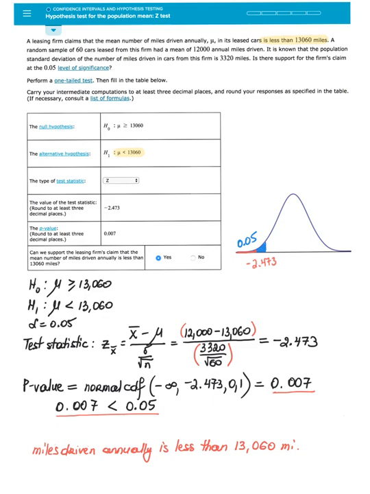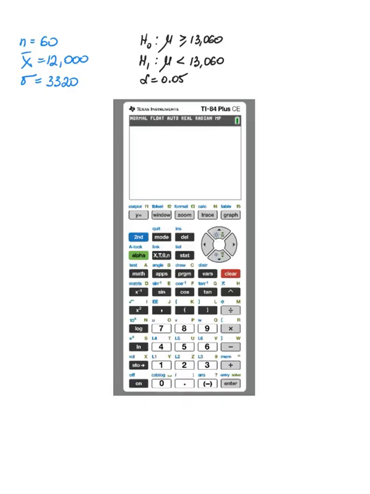Now let's take a look at how the same problem can be done using the TI-84. First of all, I transfer the information from the previous page to make sure that I see everything I need to know, everything I'm given on this slide. So sample size is 60, sample mean is 12,000, population standard deviation is 3,320.